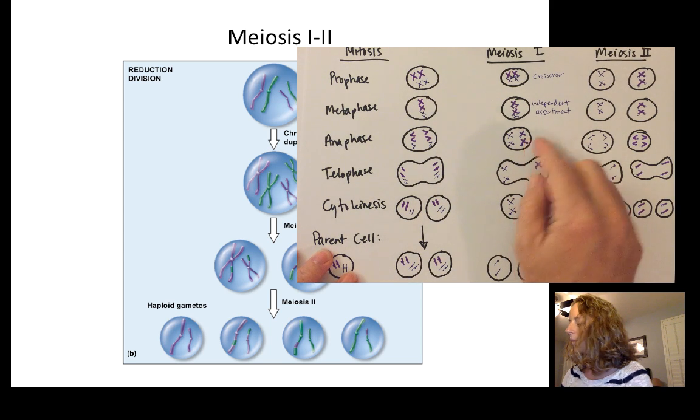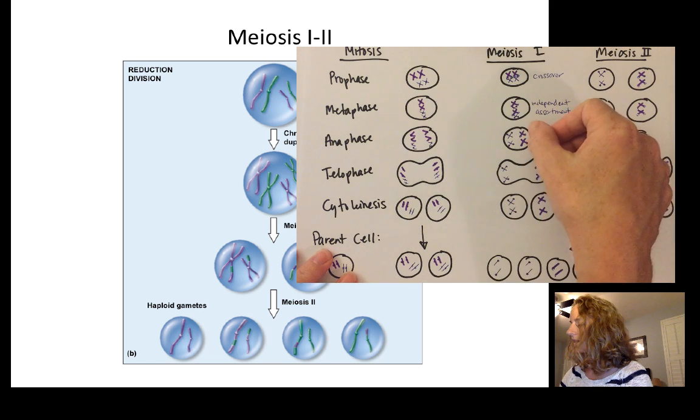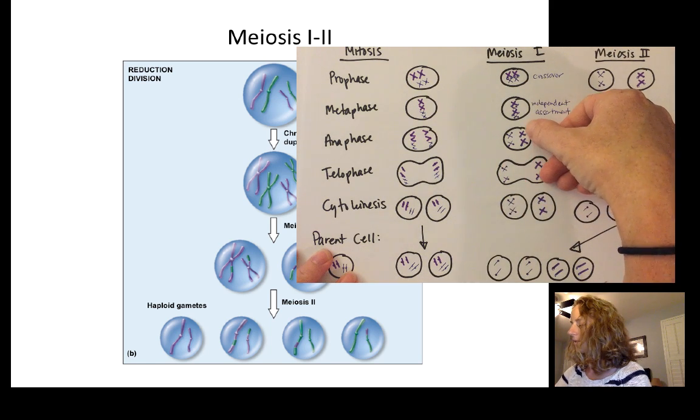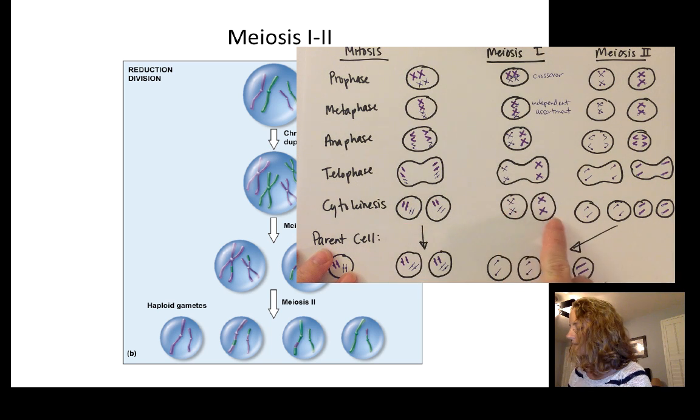In meiosis 1, that doesn't matter. So you can actually completely independently assort, so you end up with mom copies and dad copies on different sides of the cell, and you can then sort that. So even at the end of just meiosis 1, you can have mismatched mom and dad copies of the chromosomes.